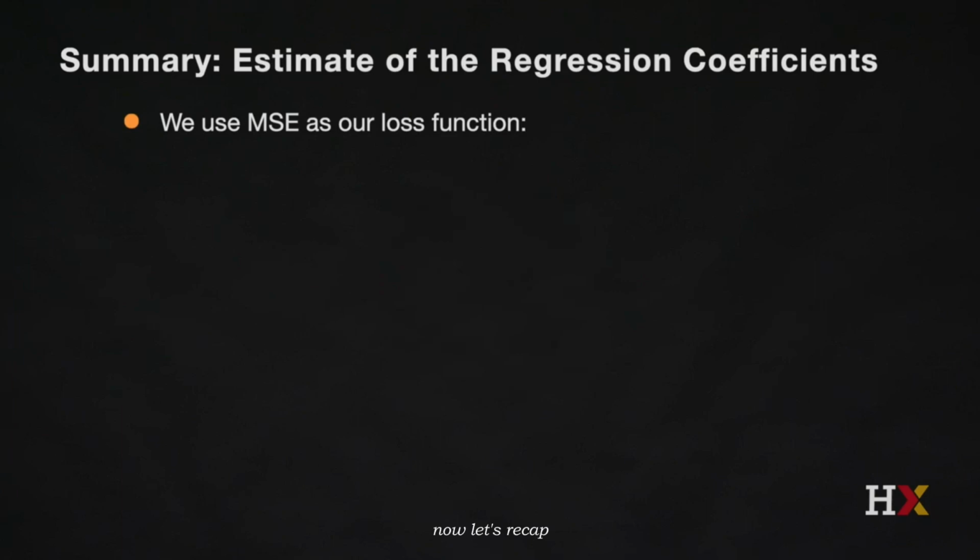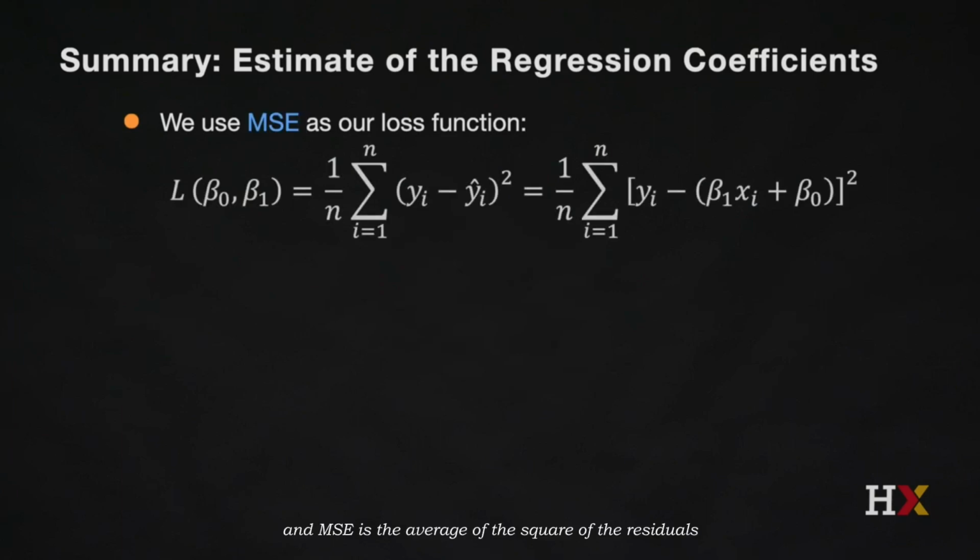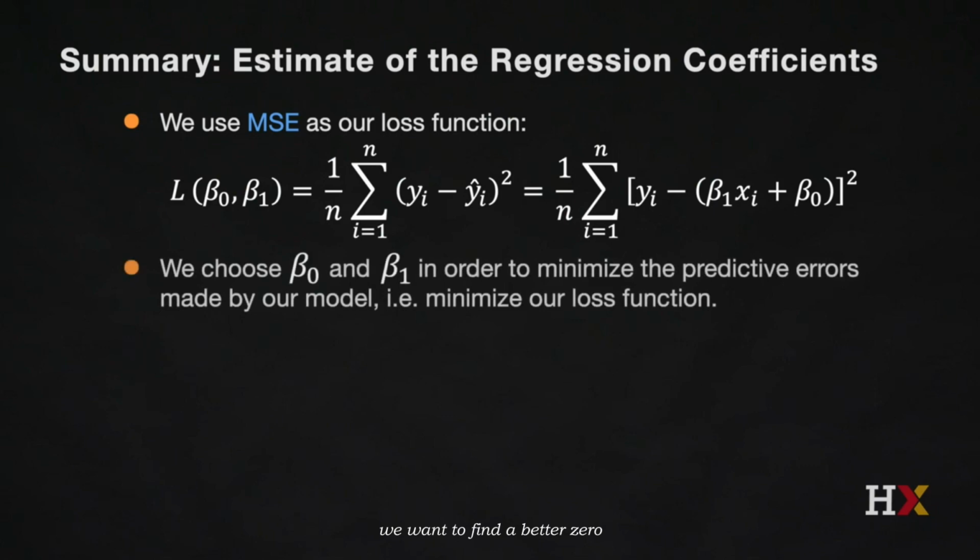Now let's recap. We started with MSE, and the MSE is the average of the square of the residuals. In our case of linear regression, the estimate y is the linear function beta 0 plus beta 1x. We want to find the beta 0 and beta 1 that minimize the loss or minimize the error, or we call that fitting.